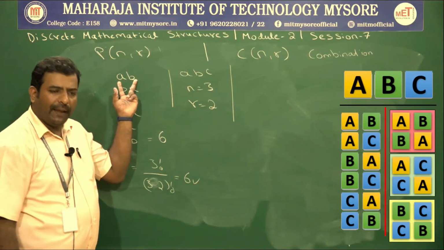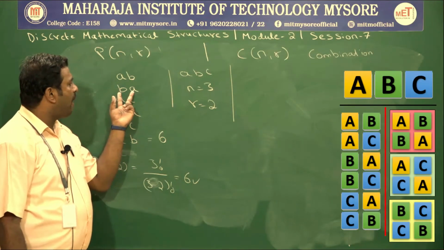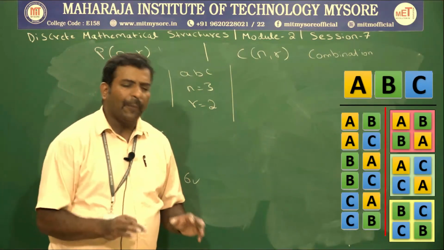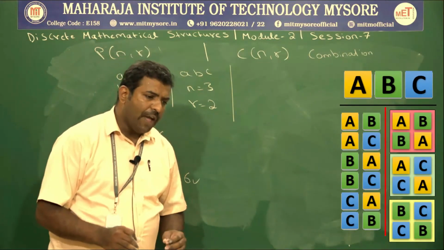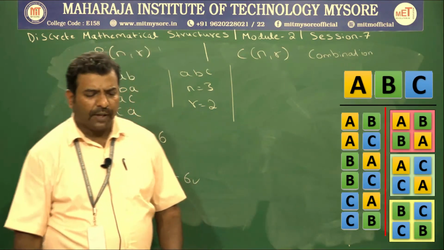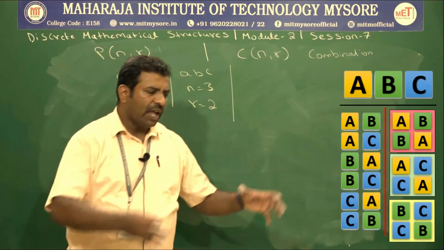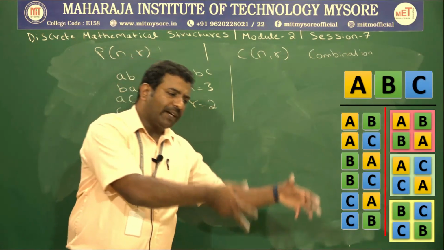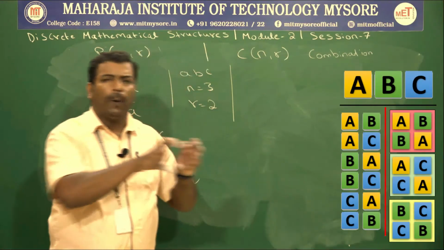So now if you just carefully observe, I have picked AB, and I am going to have BA. I am thinking about arrangement right now. But when I talk about combination, I never think about arrangement. The combination is just, I am going to have a set of objects over here, and from that set of objects I need to pick 2 objects.